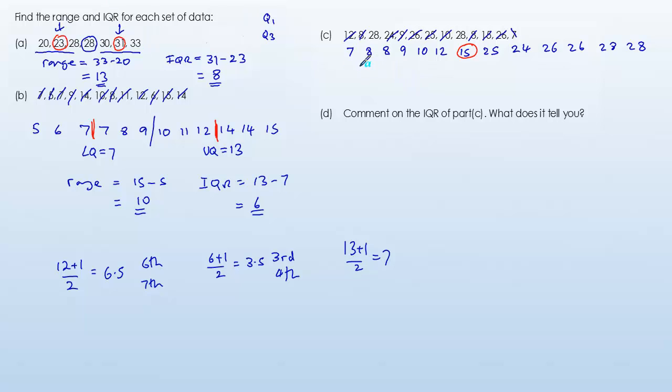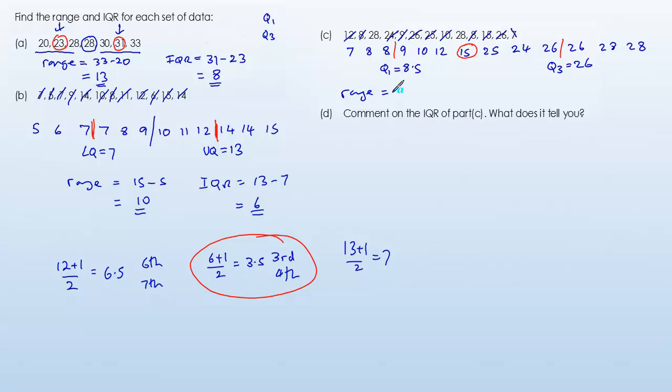It gives us a sublist here of length 6 and a sublist here of length 6. We've already dealt with 6, so we're going between the third and fourth piece of data. 1, 2, 3 in here. 1, 2, 3 in here. So our lower quartile, let's call it Q1 this time, would be 8.5, and our upper quartile, Q3, is 26.